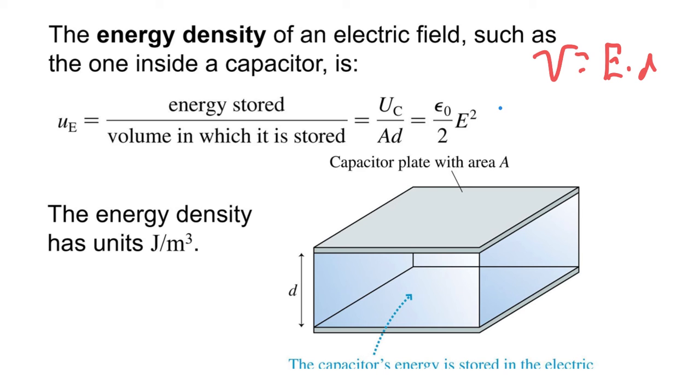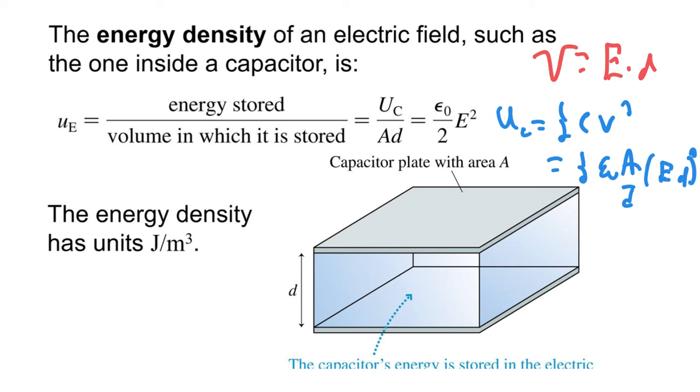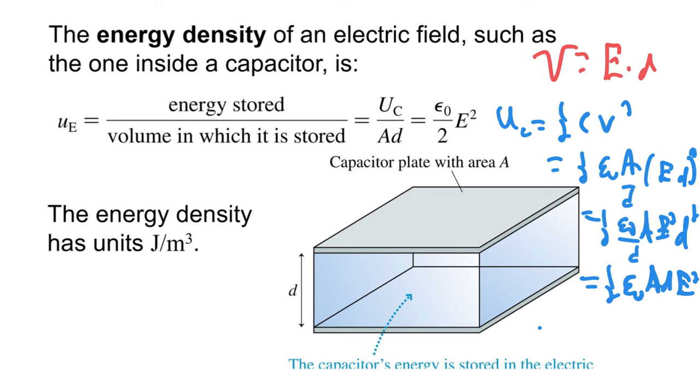And, of course, the energy is 1/2 CV squared, which is 1/2 epsilon naught A over D times (Ed) squared, which is 1/2 epsilon naught A over D times E squared D squared, or 1/2 epsilon naught AD times E squared, which when we divide out by the volume, we get rid of everything else, and we just get 1/2. So U_C over the volume is 1/2 epsilon naught E squared.